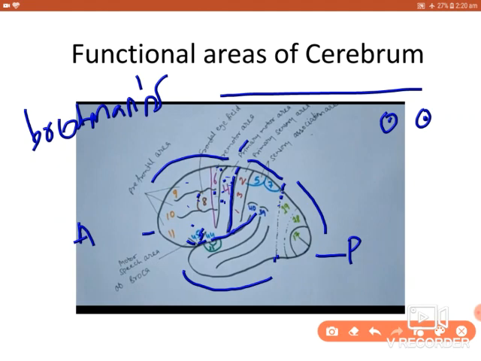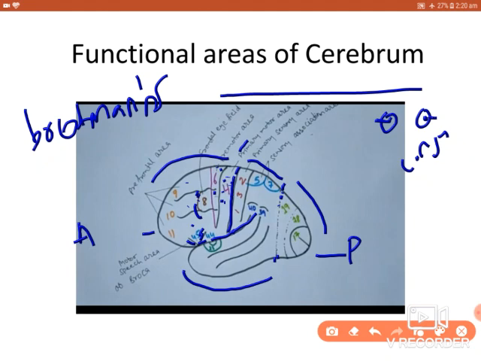If both pupils move laterally, or both move medially, that is towards the same direction, that produces conjugate movements. So activation of this frontal eye field produces the conjugate movements.